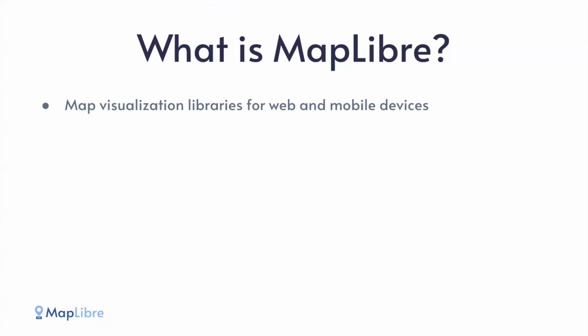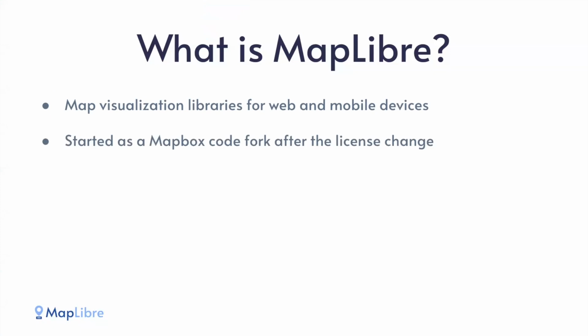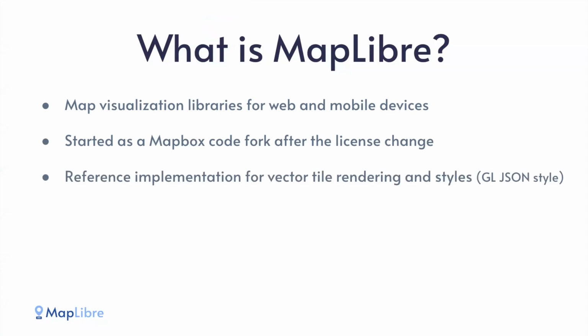What is MapLibre? It's a set of visualization libraries for web and mobile devices, which started after Mapbox decided to close the code or change the license, and the community reacted with the creation of a continued, openly maintained fork, but it grew far beyond that.